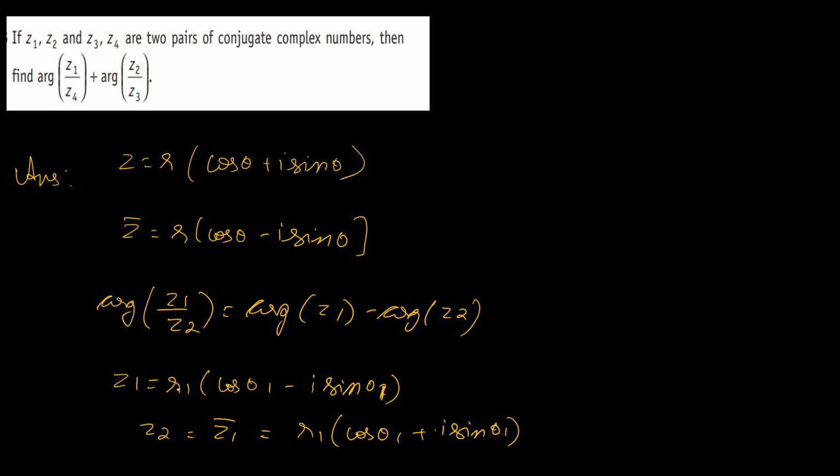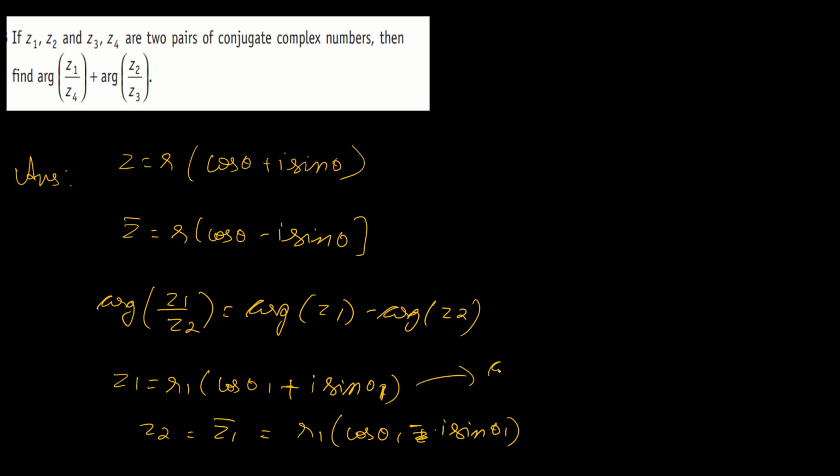Sorry, a mistake. Z1 is equal to R1 into cos theta 1 plus, it is plus here, so it will be minus here. So in order to find the argument of Z1, we have argument of Z1.